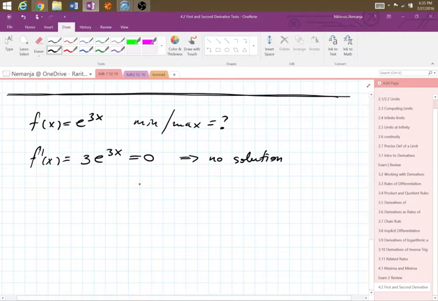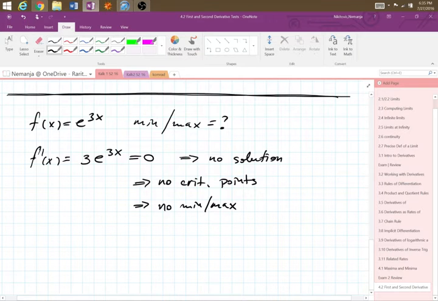So no solution implies no critical points, which implies no min max.